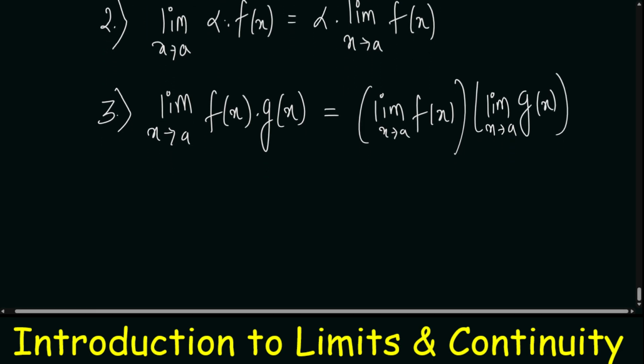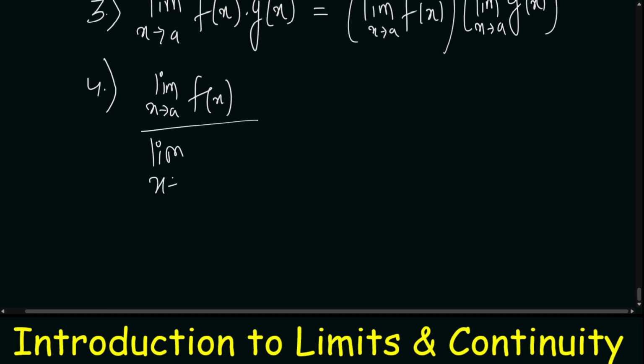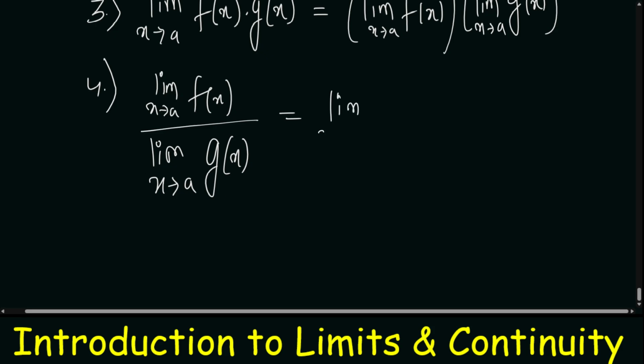Next up, we have the last property here, which is if they are divided: limit x tends to a f of x divided by limit x tends to a g of x is equal to limit x tends to a f of x by g of x.